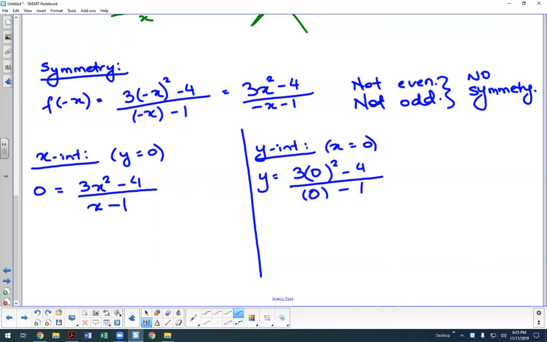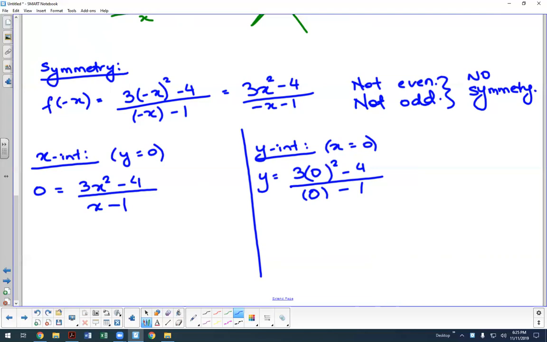Okay, so what do we have? You're not going to get a nice and clean answer for the x-intercepts. 0.38. I don't have the decimal approximations, but we can check when we get there.